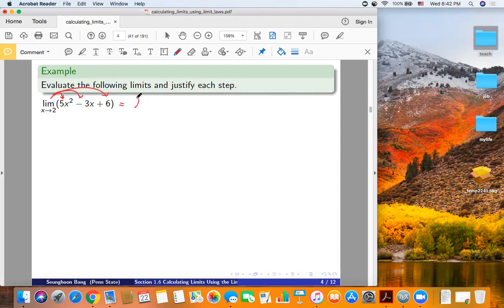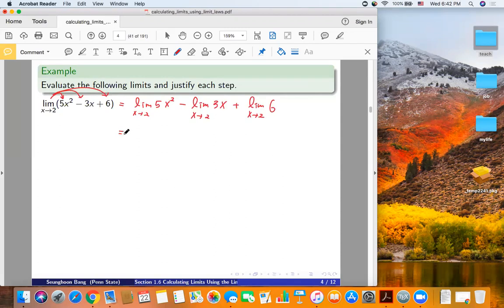It's the same as limit as x approaches 2 of 5x squared, minus limit as x approaches 2 of 3x, plus limit as x approaches 2 of 6. It's good.